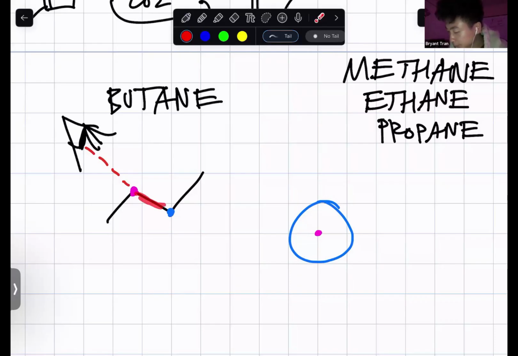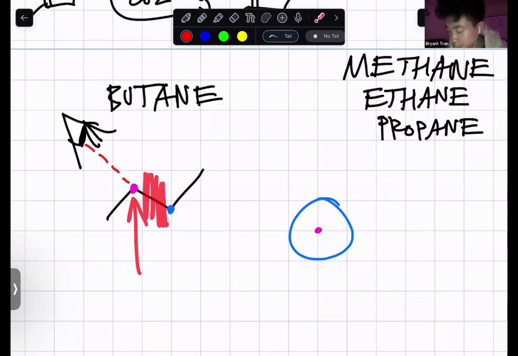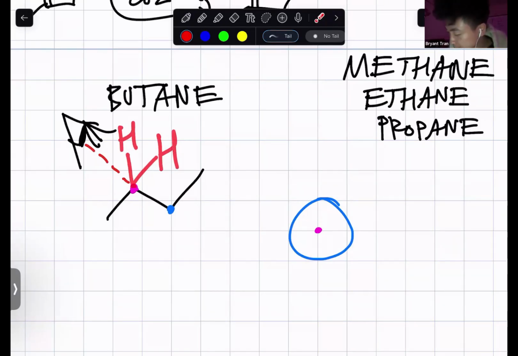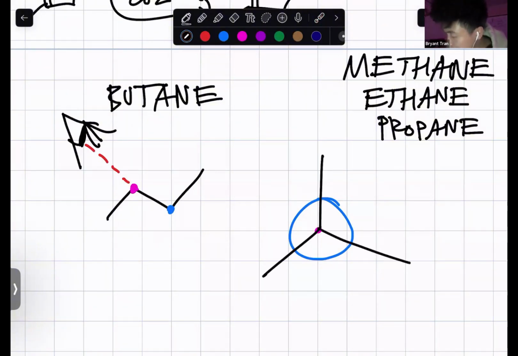This bond here we do not see, but what other three groups is this pink carbon attached to? We already drew the blue carbon, but what other three groups is the pink carbon attached to here? One methyl group and two hydrogens. The way that we're going to draw that is to start from the pink carbon, and it doesn't matter where you draw the methyl group, but it's always going to look like a peace sign.